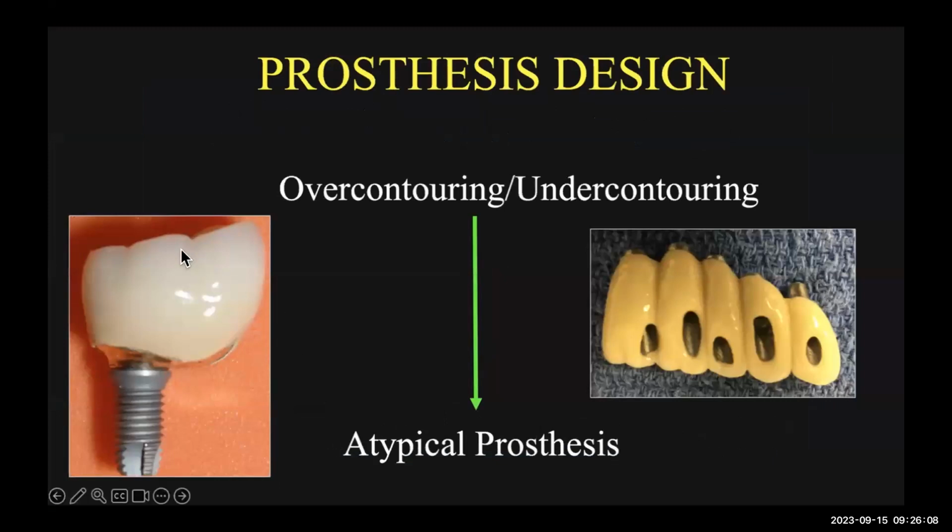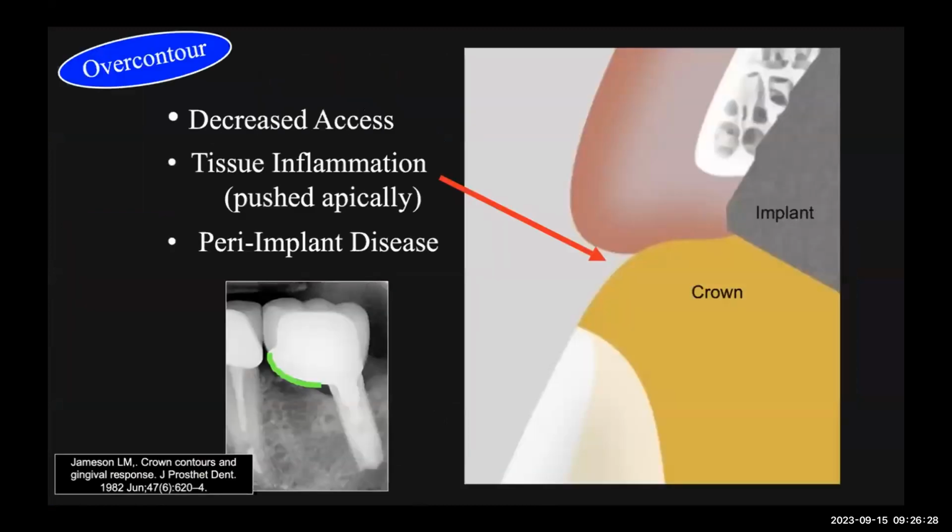So let's go right into prosthesis design and how that plays a part in this. Whenever we end up with a prosthesis that is over-contoured or under-contoured, it is what we call an atypical prosthesis. Yes, the lab can do wonders when the implant's in the wrong position, and they can get a contact area on an adjacent tooth or an occlusal contact on the opposing occlusion. However, it does cause problems. Let's say this crown here is over-contoured.